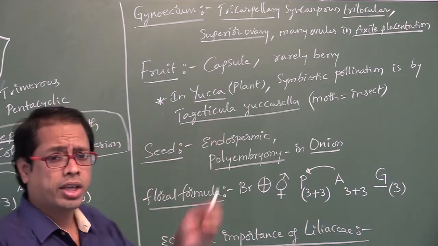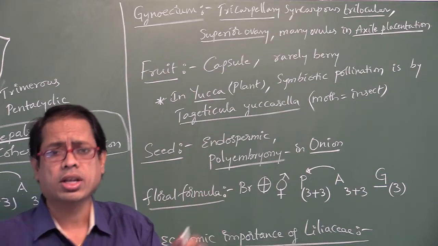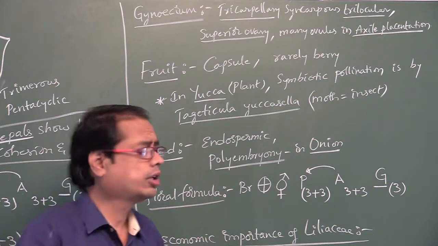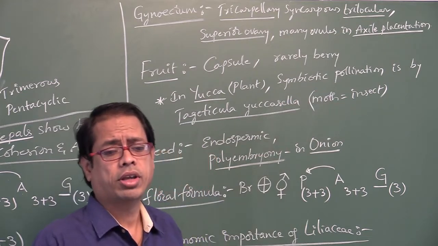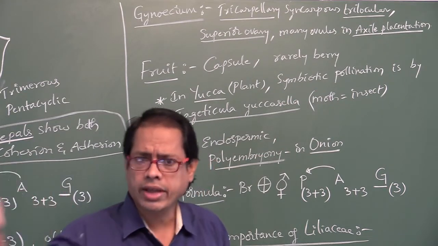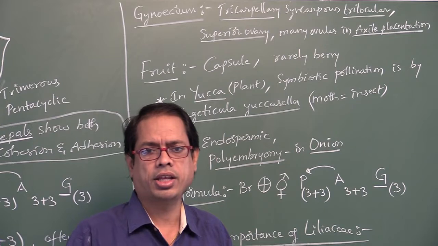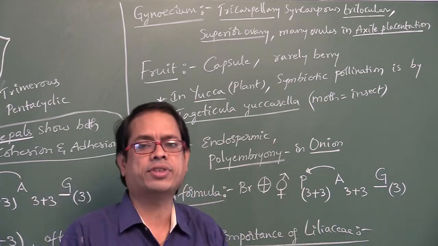If that insect is not available, the life cycle cannot be completed. That type of pollination is called symbiotic pollination. If the insect is not available, there is no completion of the life cycle.